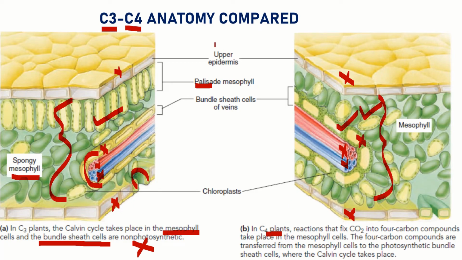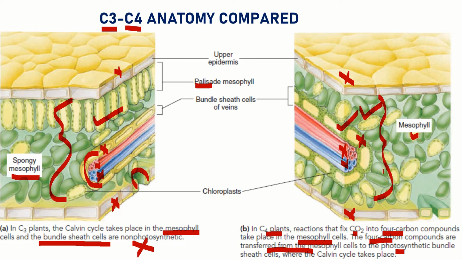So why do we call it C4? Because the first product of carbon dioxide fixation is a 4 carbon compound, and that is taking place in the mesophyll cells, where this is the mesophyll. So in these mesophyll cells, in the chloroplast, the 4 carbon product is produced. Then these 4 carbon compounds are transferred from the mesophyll to the photosynthetic bundle sheath.